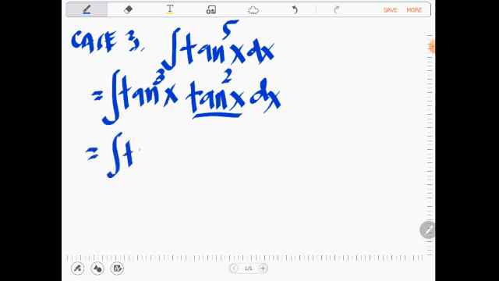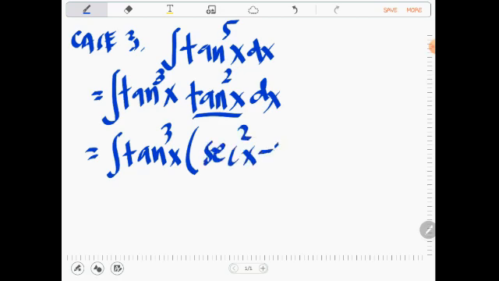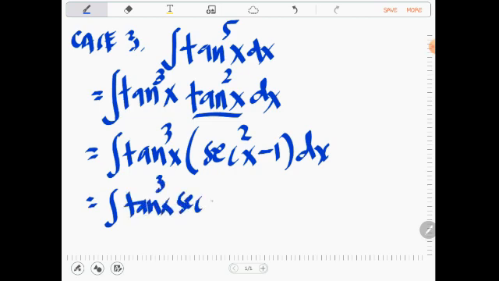So, in this case, yung ating tan ay merong value. So, this would be the integral of tan of x cubed multiplied by the secant of x squared minus 1 dx. Then, distributive property. So, this should be equal to the integral of tan of x cubed secant of x squared minus tan of x cubed dx. Okay?